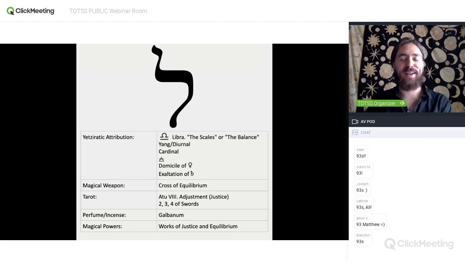Ceremonial magicians, in my experience, have been extremely concerned with establishing symmetry, the items in a temple, furniture, things on the altars, of getting everything just perfectly balanced and arranged. And that is definitely, I think, what is meant here by the Cross of Equilibrium. So it's interesting to think of that as a magical power.